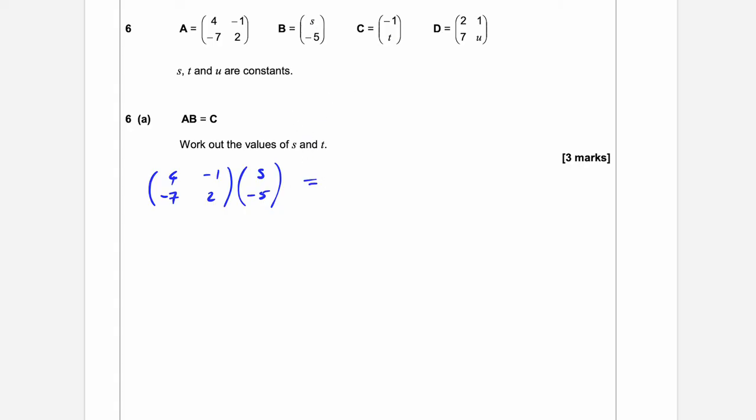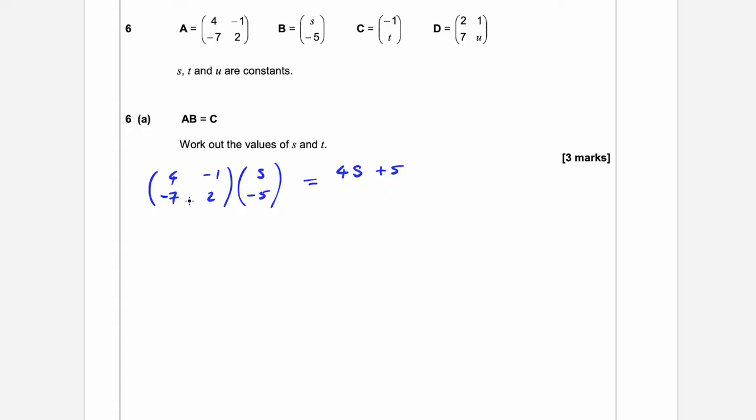So we've these multiplied together. I'm going to do the row times the column to get the top element of my new matrix. Okay, so this is going to be 4 times s. Let me get rid of that, guys, because I can't see properly. 4 times s, and then minus 1 times minus 5 is plus 5.